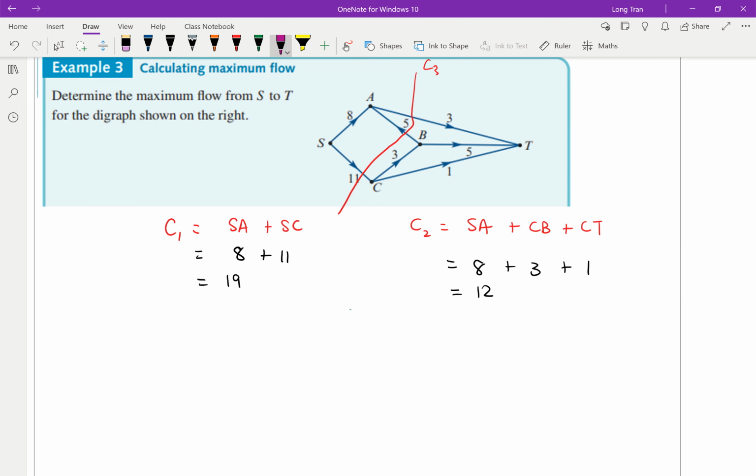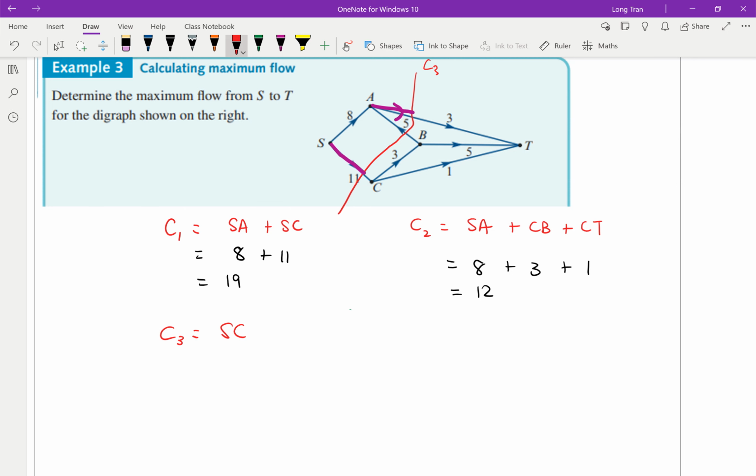Okay, cut 3. So what does cut 3 look like? I'm looking at S to C, that is coming out from the source, so that can be included. A to B I can't include, because the arrow is clearly pointing this way, so I wouldn't include that edge. But the other edge that I've chosen is A to T, that is in the direction from source to sink, so I'll be including the 3.